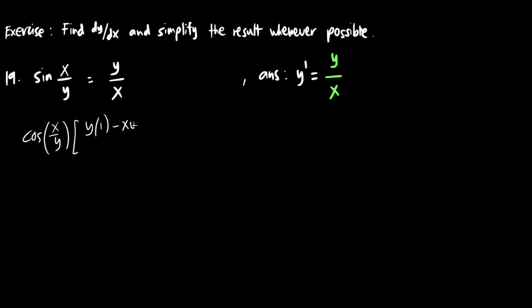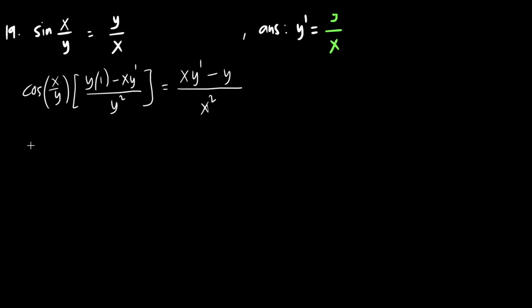So minus x y prime all over y squared is equal to, so derivative, so just copy x y prime minus y times 1 all over x squared. So we'll further simplify.